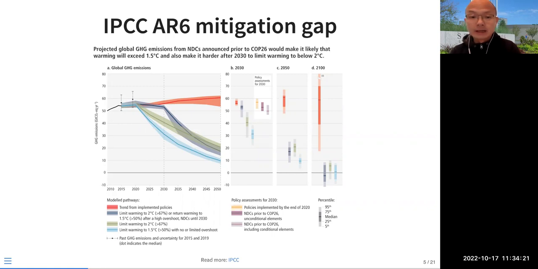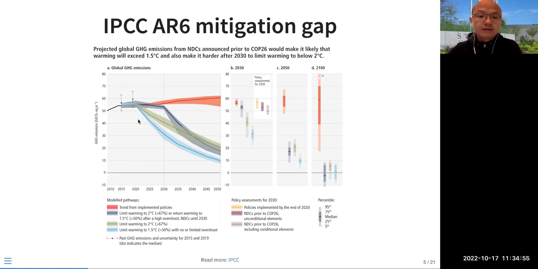The goal is to at least control warming to under 2 degrees C by mid-century, and try all efforts to achieve no more than 1.5 degrees C, right? So that's the blue range, and this is the 2 degrees C in the light green range.